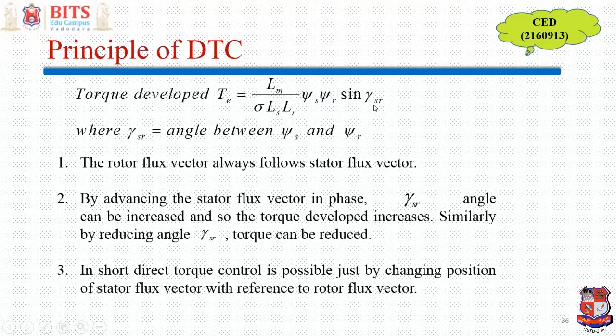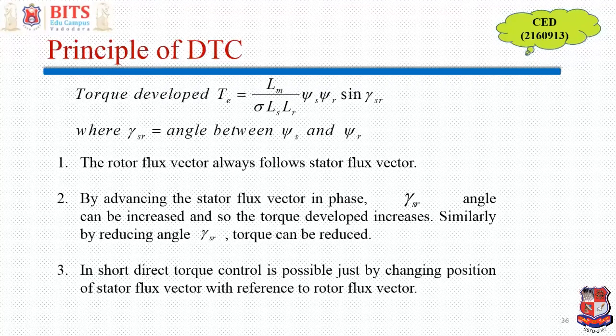So if I can change the angle between stator flux and rotor flux, I can increase or decrease torque. And I can always change the value of fluxes as per my requirement. But generally, motor control is done by maintaining constant flux and changing torque as per the requirement, right?